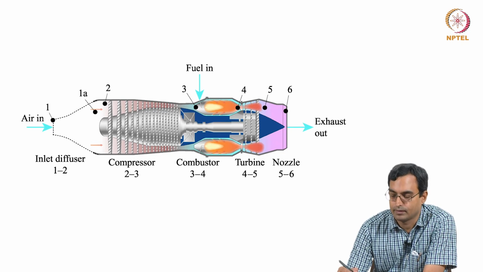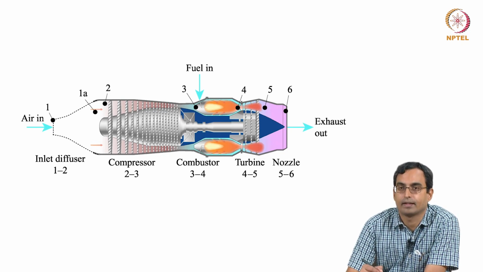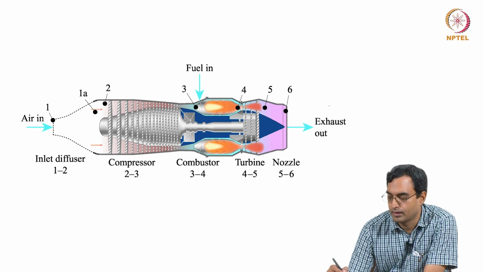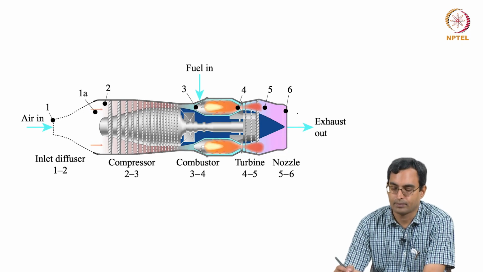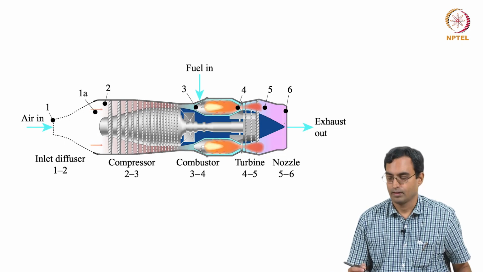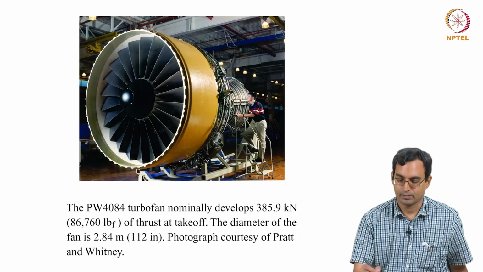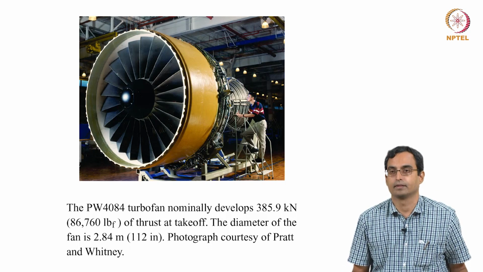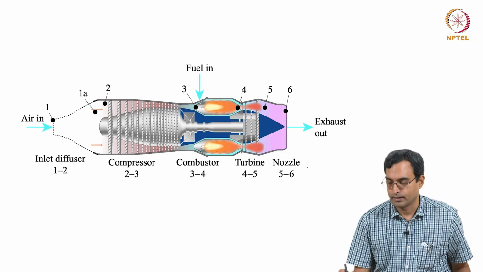That work can be used to run the compressor at the inlet. So, if you expand a little bit of it and send out a lot of it through a nozzle, you can have a jet engine, or if you expand more of it and then use a fan in front to run like this, you can have what is called a turbofan engine.